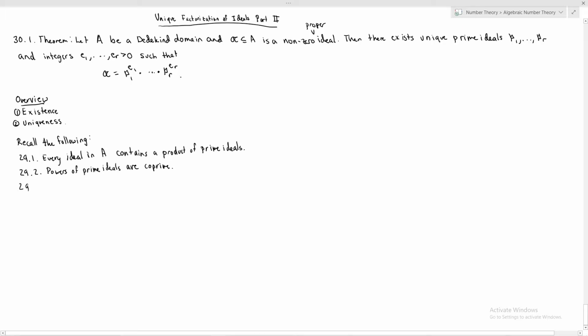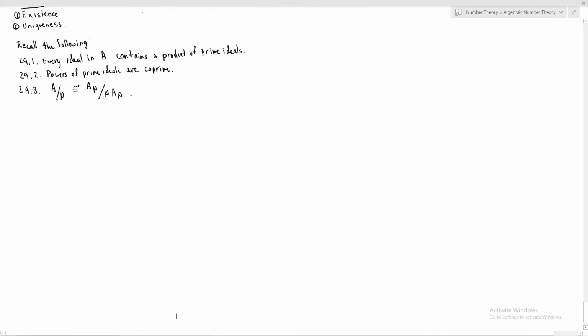And 29.3 tells me that A mod P is isomorphic to A_P mod P A_P. Remember, A is a Dedekind domain, so each of these prime ideals is also a maximal ideal. So I can use 29.3 to give me this isomorphism. These are three lemmas that we're going to use in the proof.